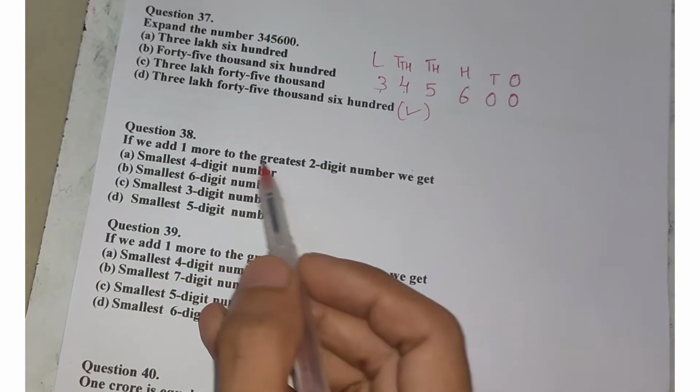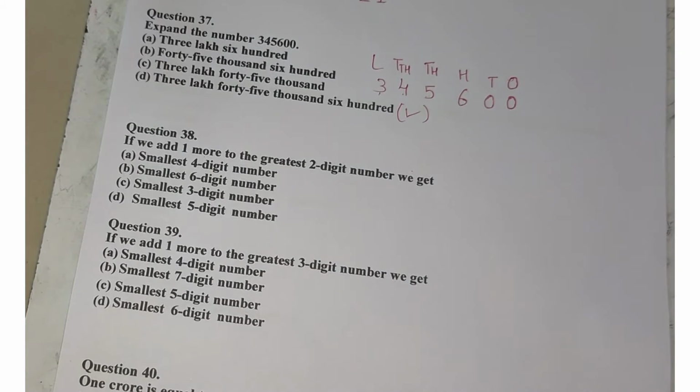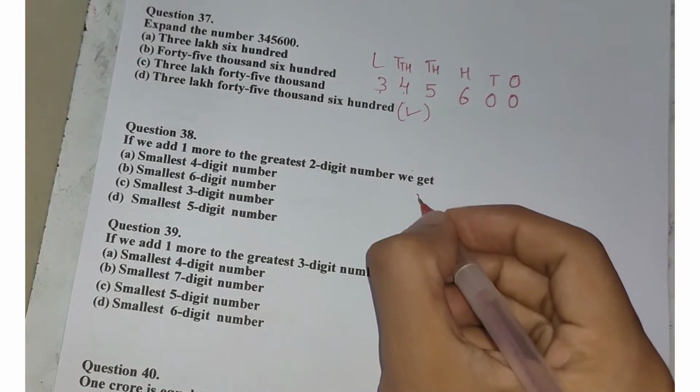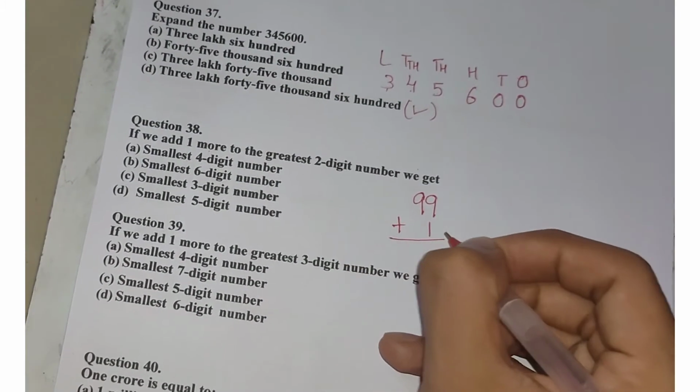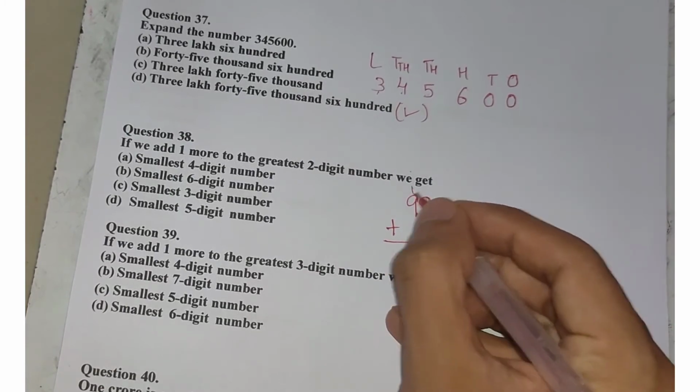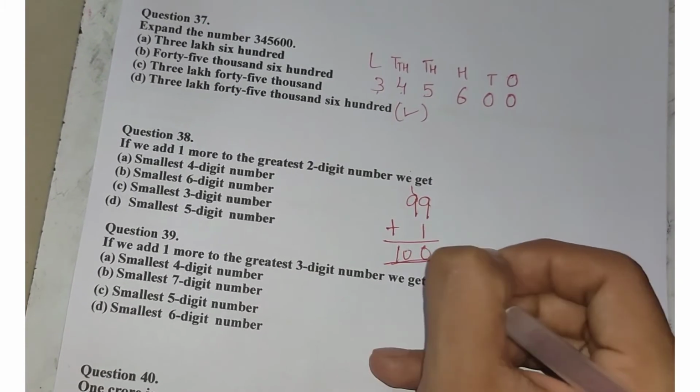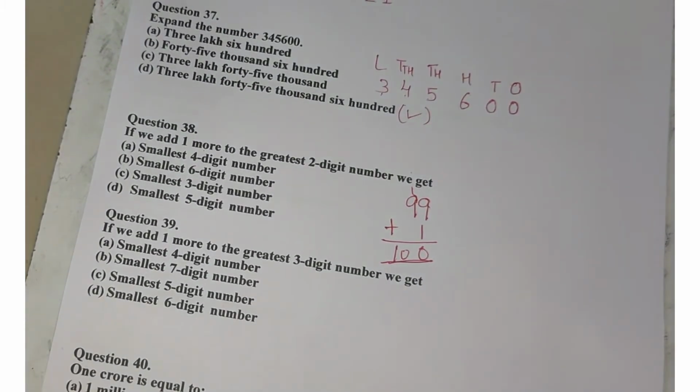Moving on to the next one, question number 38. If we add one more to the greatest 2-digit number, now again, remember the old things. Greatest single digit number is 9. Greatest two digit number will be 99. And if we add 1 to that, what is it? This is 10, 1 carry and 10, 100. What we got? 100.